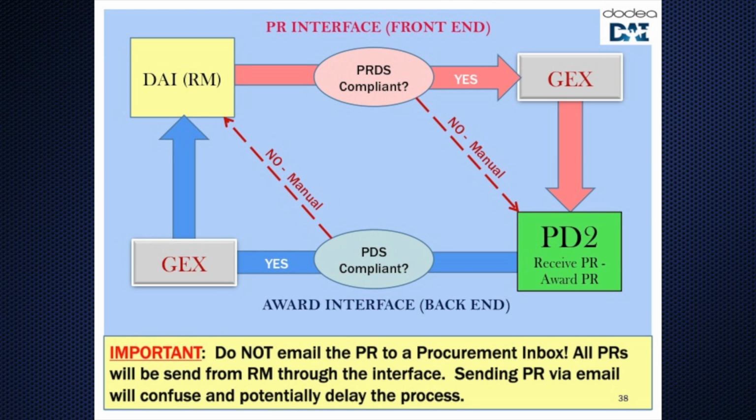Okay. The blue arrows, the back end process, just show how the award goes back to DAI. Again, this really doesn't concern you too much, but this is just to show that this PR process from the purchase request all the way to the award is now an automatic process. It makes things streamlined, more efficient, and faster in so many ways.